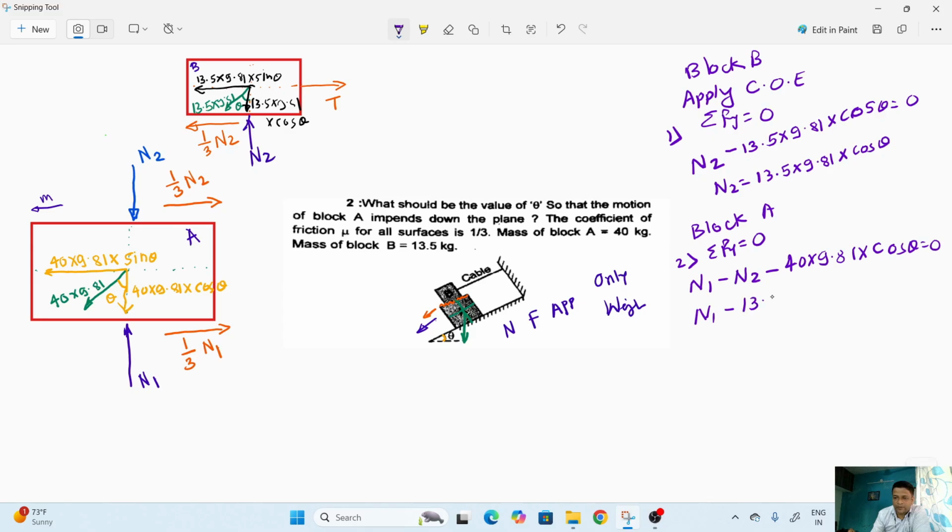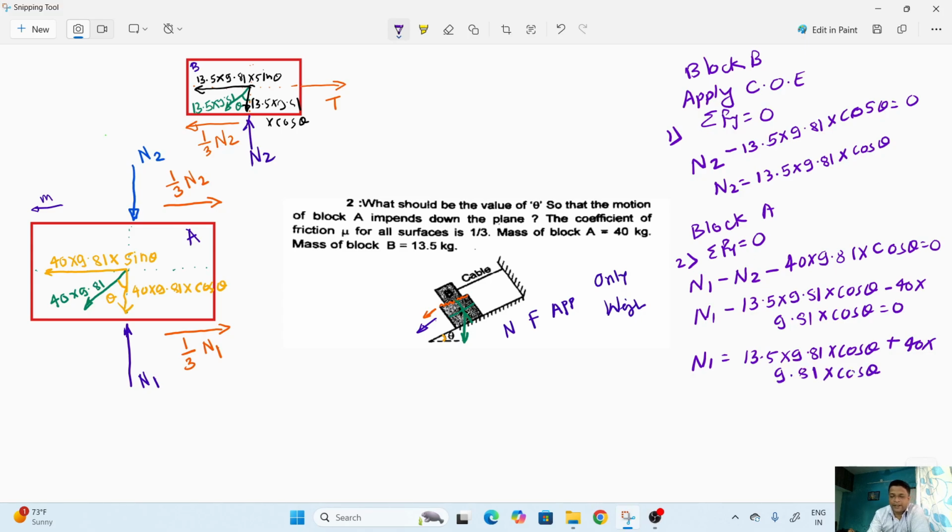It is 13.5 into 9.81 into cos theta minus 40 into 9.81 into cos theta, it is equal to 0. So here N1 is equal to 13.5 into 9.81 into cos theta plus 40 into 9.81 into cos theta. This way we get the value of N1.